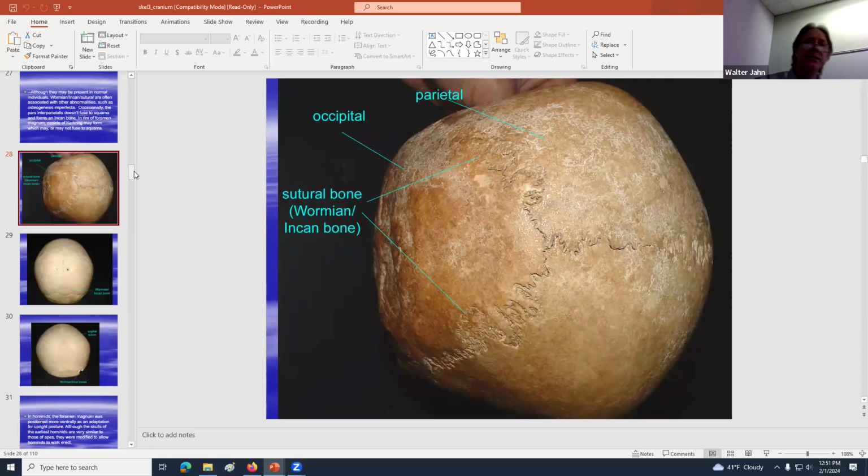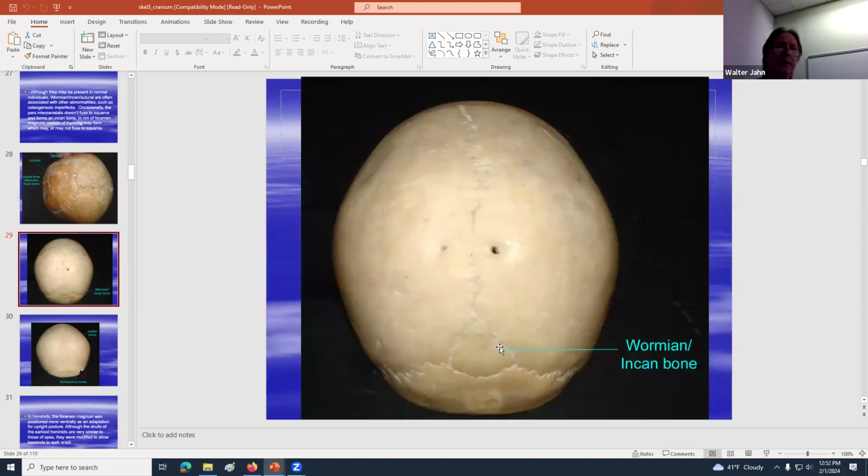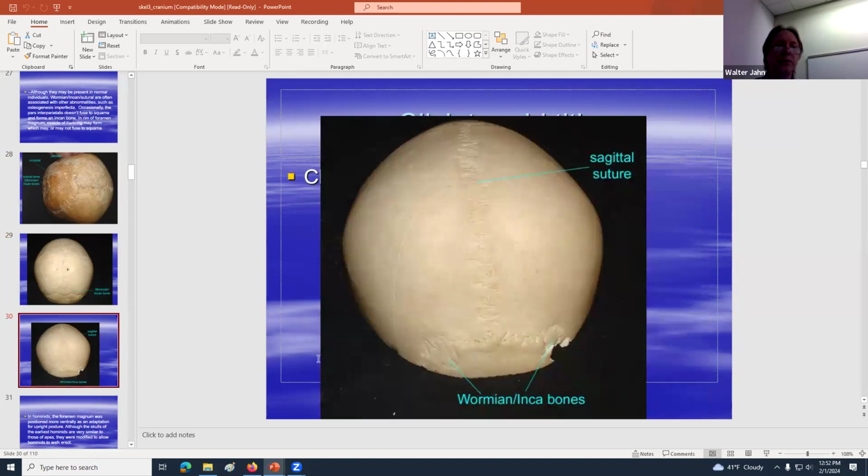All right. And so here's an example where the parietal bones meet the occipital bone. Look at that and look at that. That's an extra little bone. Do you have it? I don't know. Some people do and some people don't. Here, see that big chunk there? Some people have that, some people don't. Those pieces, some people have them, some people don't. So we could call them different names: sutural bones, wormian bones, Incan bones.